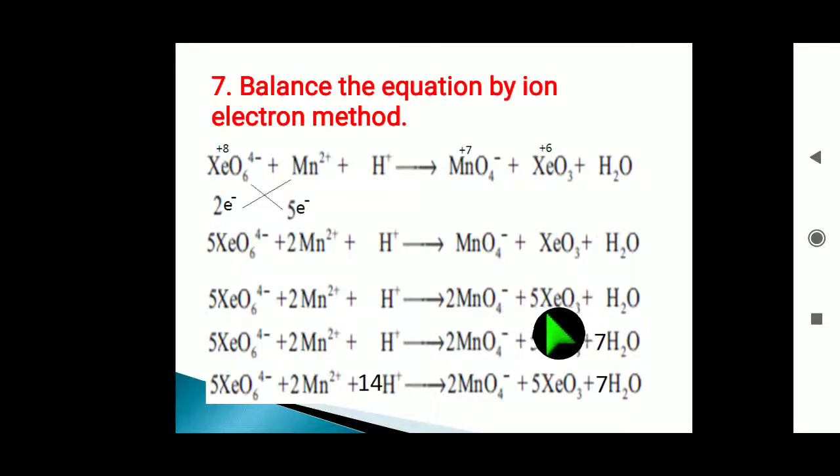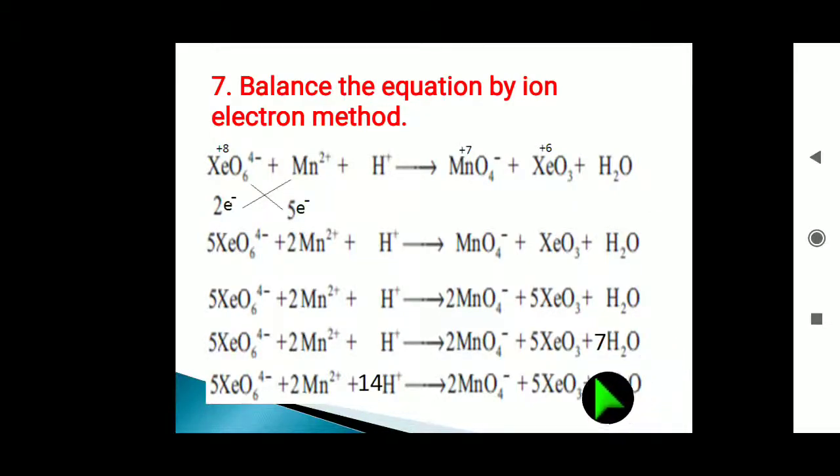So 8 plus 15, 23. For getting 30, 7 oxygen is required. So make it 7 H2O, which means oxygen is balanced. So left side 30 oxygen, right side 30 oxygen in the fourth step.